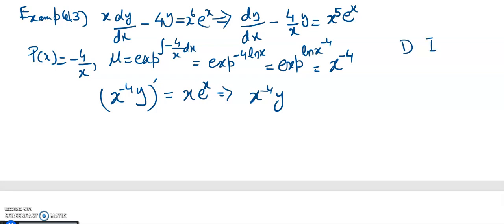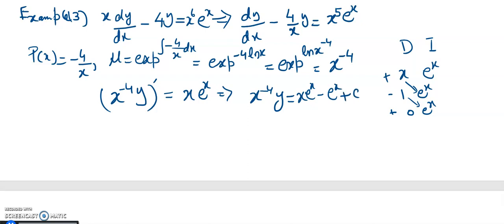You can use the DI method for the integration by parts. X, e power x; 1, e power x; 0, e power x. So plus minus plus. So this integration will be x e power x minus e power x, and then plus the constant.